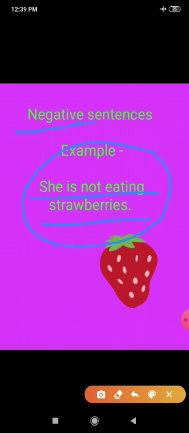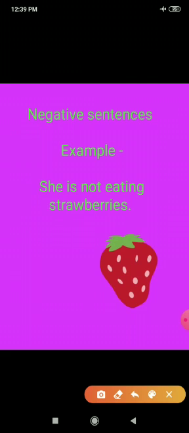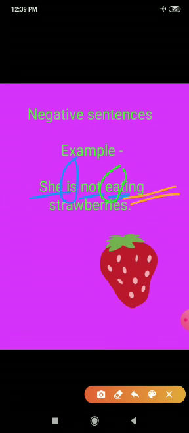The formula is subject plus is, am, or are plus not plus root form of the verb, in this case it is eat, and the ending ing. She's not eating strawberries.